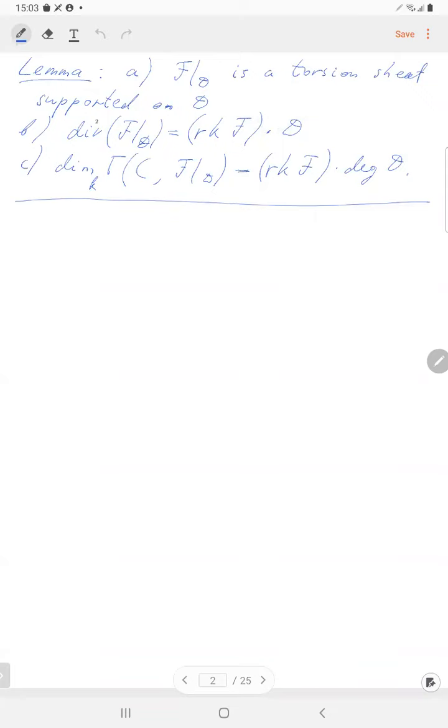Okay, so now let's go to some applications. We'll need to study the morphisms between curves and the push forwards and pullbacks of torsion-free sheaves.